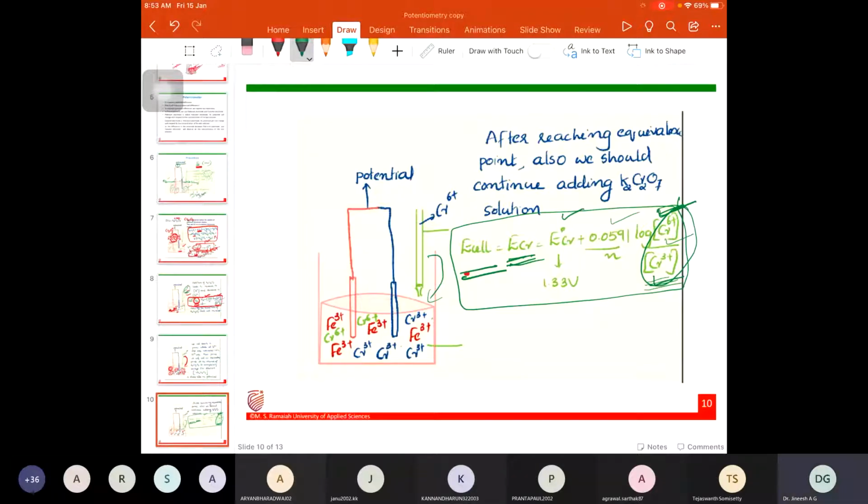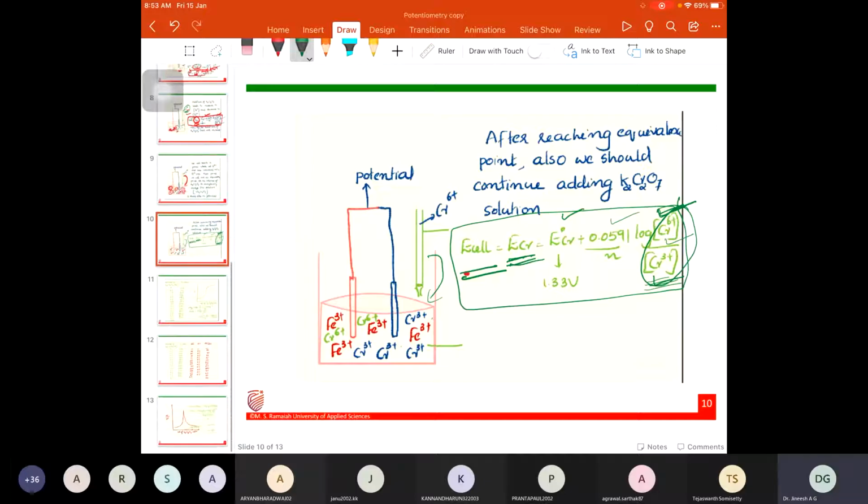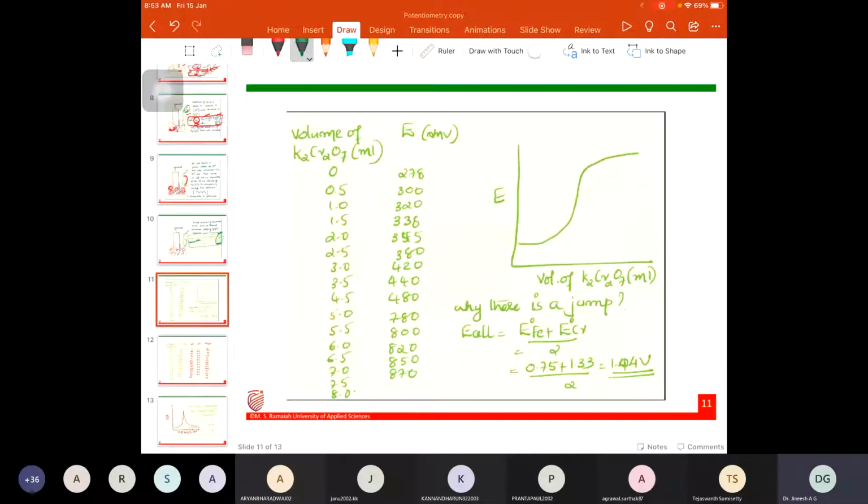But the potential generated by different ions is different. For example, till the equivalence point, potential was generated because of Fe ions. After the equivalence point, potential is generated by chromium ion. That is the only difference. Am I right? Clear? Yes, sir. Clear. So I will show you how the values you will get.